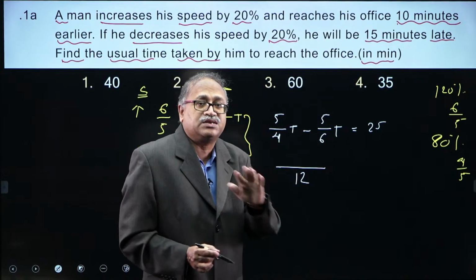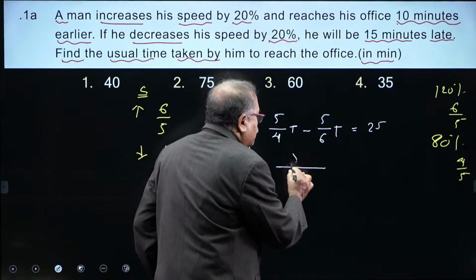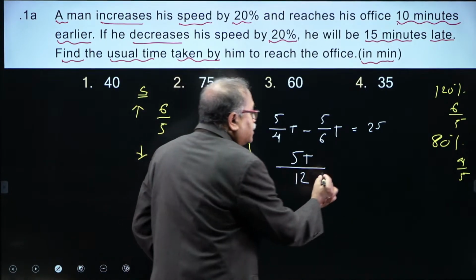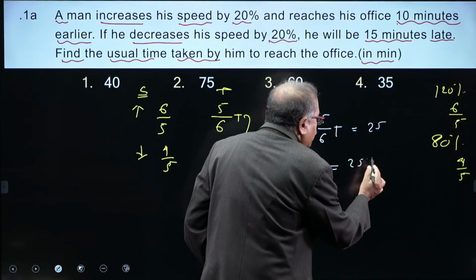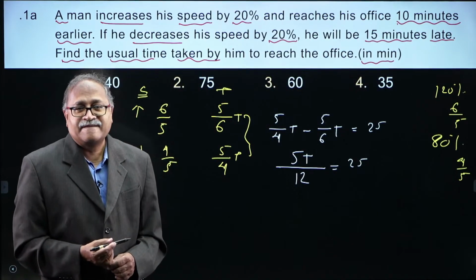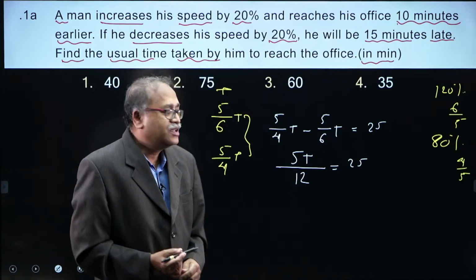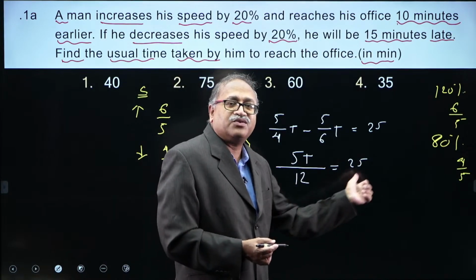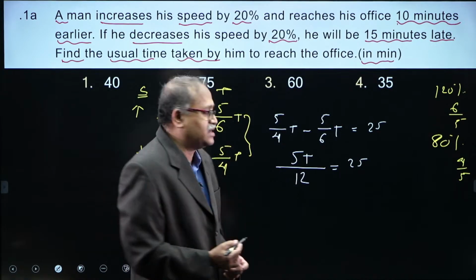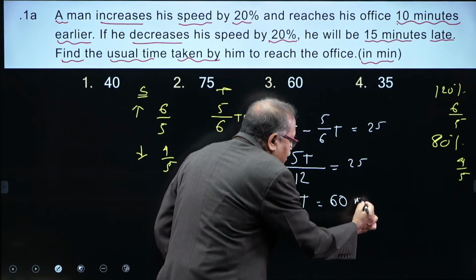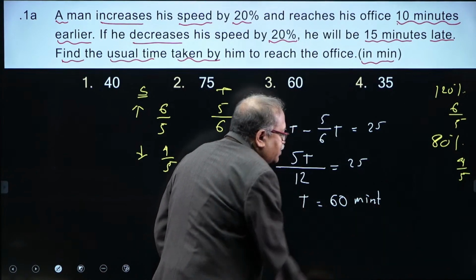So, 15 minus 10, that is 5. So, you get 5t on the left hand side, and the right hand side is 25. So, what is your t? That is what I need to find, the usual time. So, this gets cancelled, 5 times 12 is nothing but 60. So, my usual time is nothing but 60 minutes. That should be my answer.